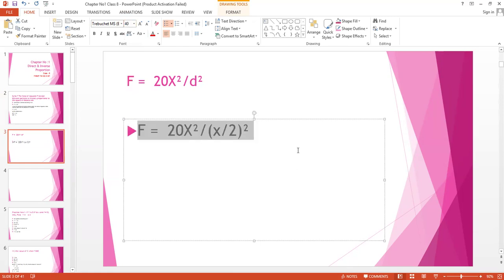Okay. Look here. F is equal to 20x square over (x by 2) square. Now we have to take it square. x square and 2 twos are 4. So it is equal to x square over 4. Is it clear to all of you?